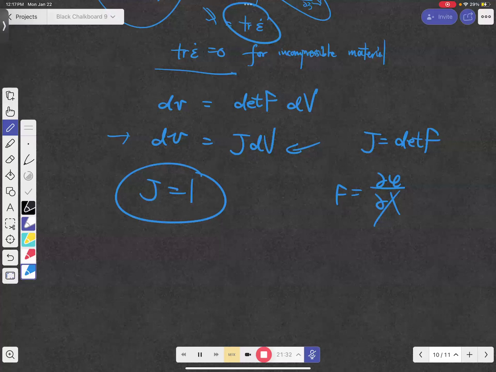So far, so good. I think we introduced the balance of mass, which is actually one third of the course. So how many balance principles do we have?